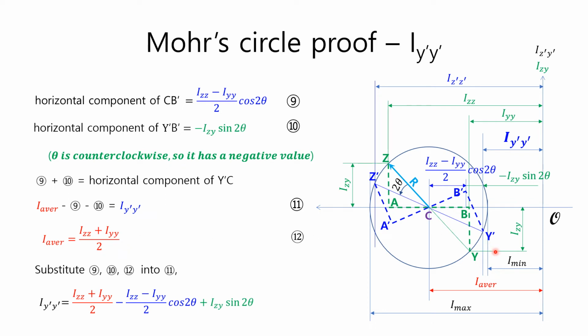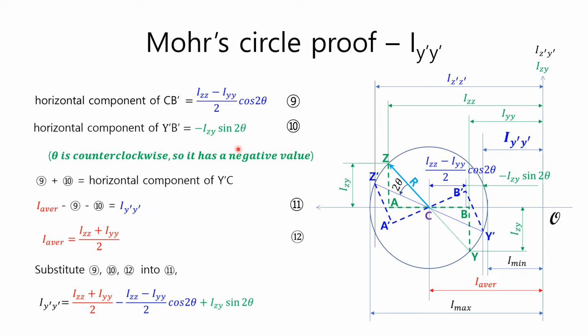The horizontal component of Cb prime can be calculated as in the equation 9. And the horizontal component of Y prime B prime can be calculated as in the equation 10.